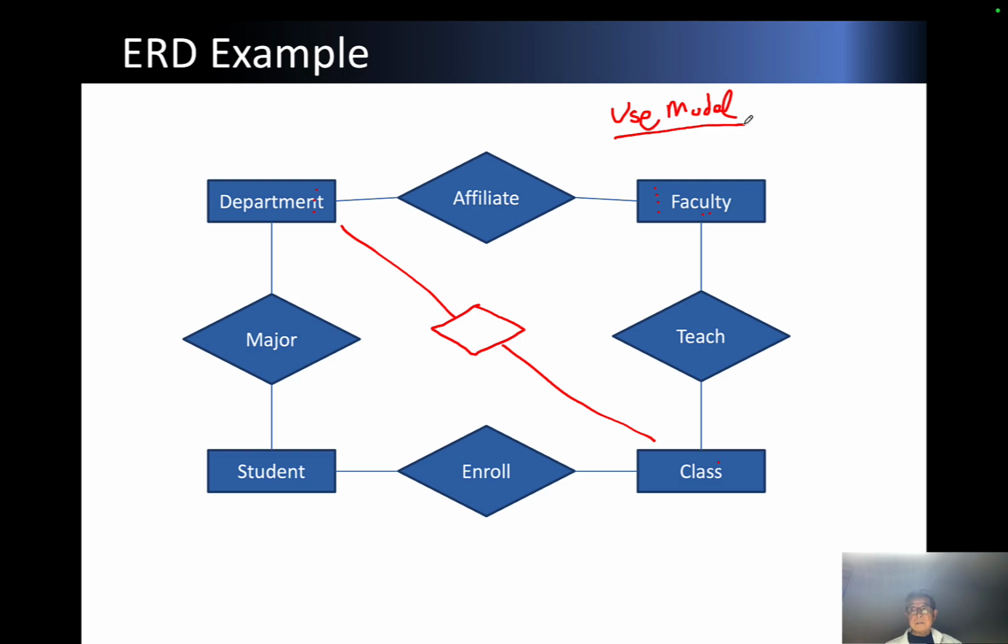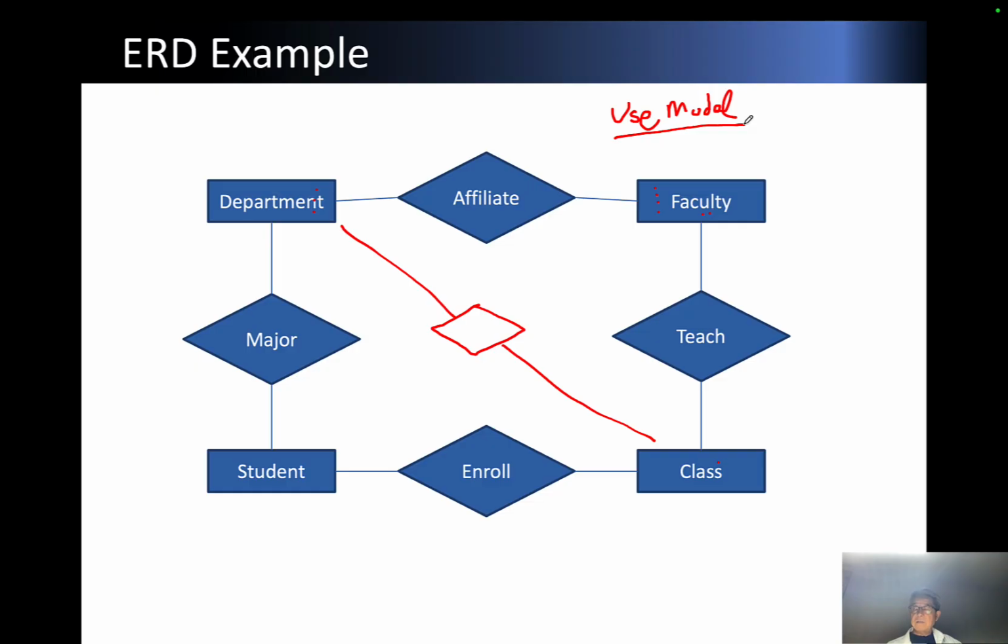Then that should be different from the earlier case, right? So rather than saying this is better or the other is better, we should say that we need to make sure the model supports a use model.